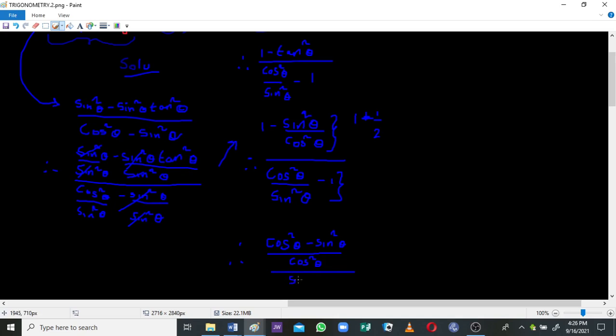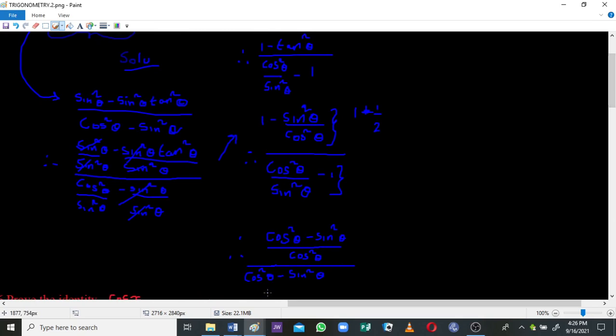Your denominator is going to be not sine squared theta, but cos squared theta there, minus sine squared theta, right? Then everything over sine squared theta.